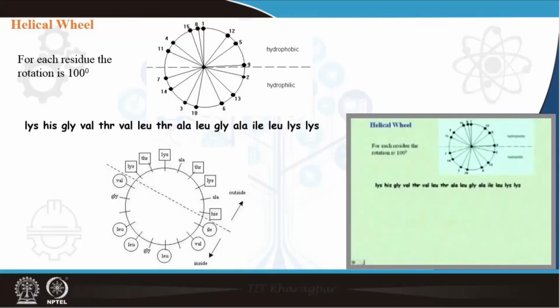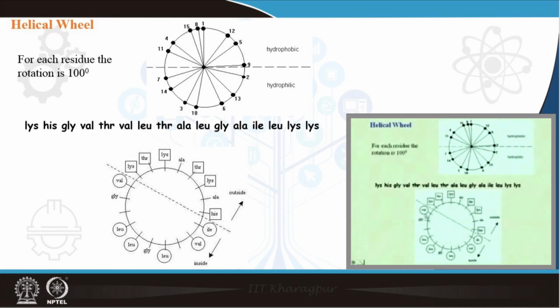So if we plot this helical wheel, if we do the whole construction, this is what it's going to look like. Okay? Now, if we look at what is drawn here, you should have some of this at least. We have lysine, histidine, glycine, valine, threonine, and so on and so forth. So you now know how to construct a helical wheel.